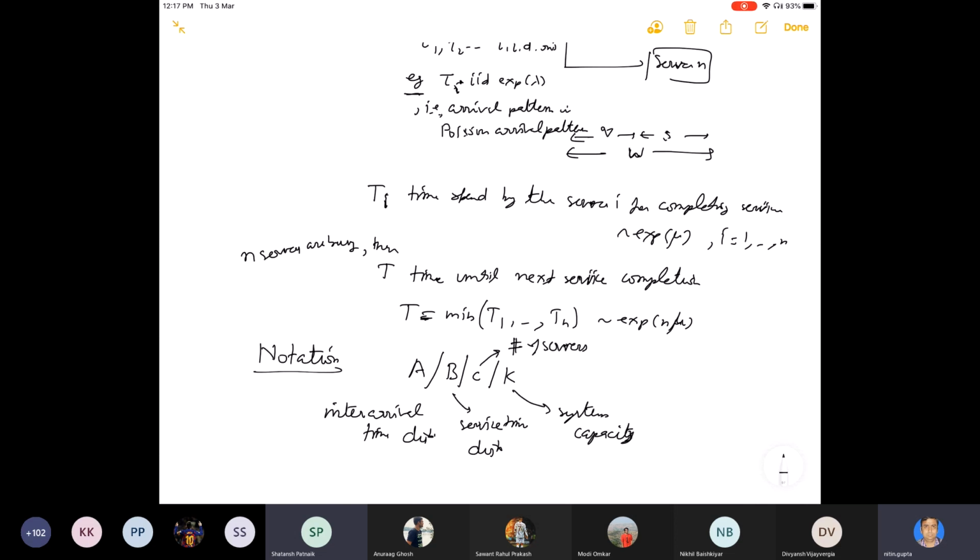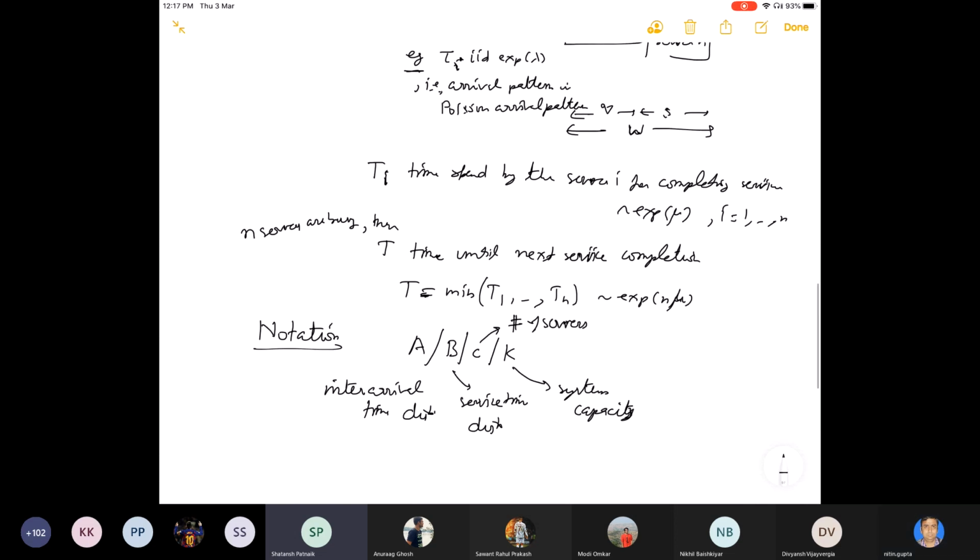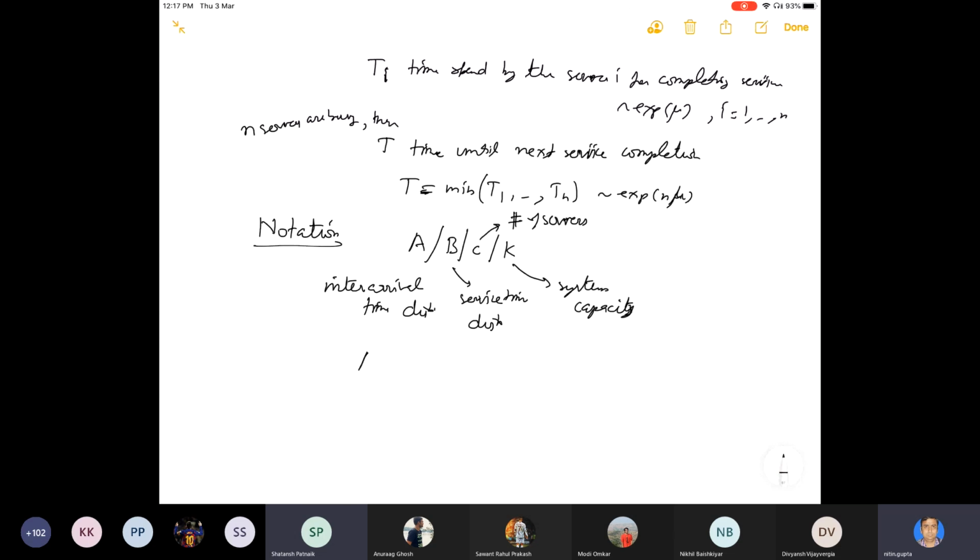Then A and B can be GI, general independent inter-arrival time.